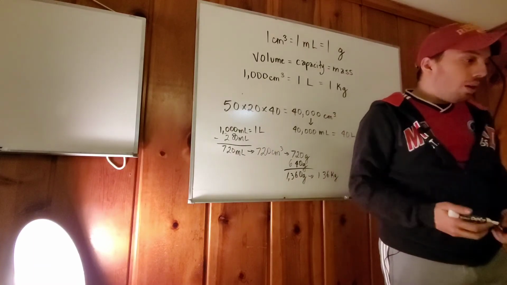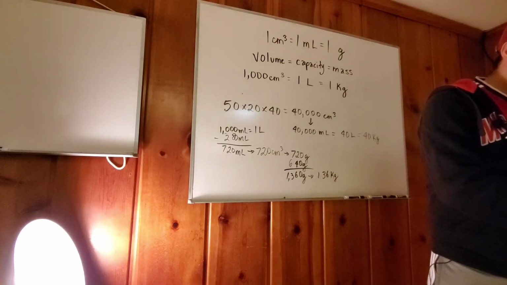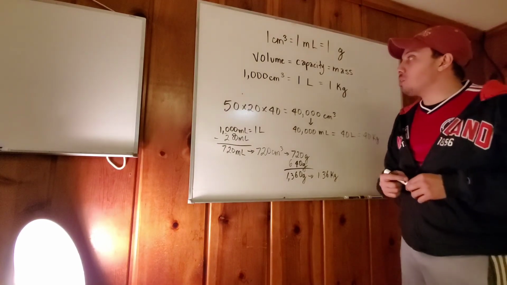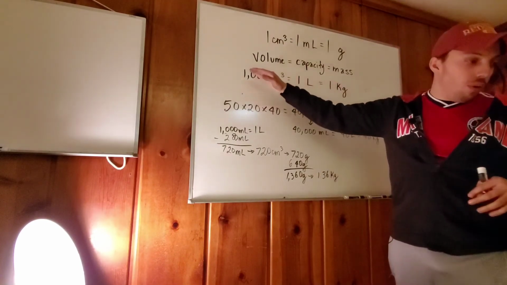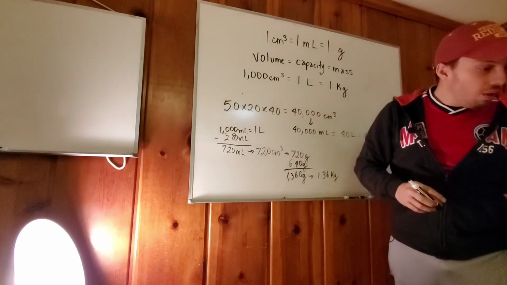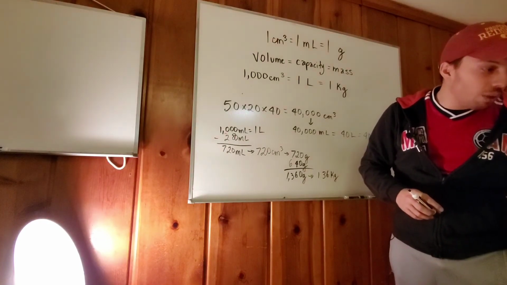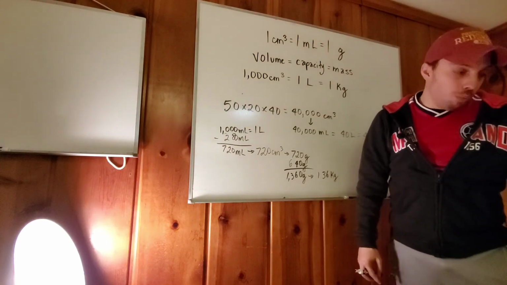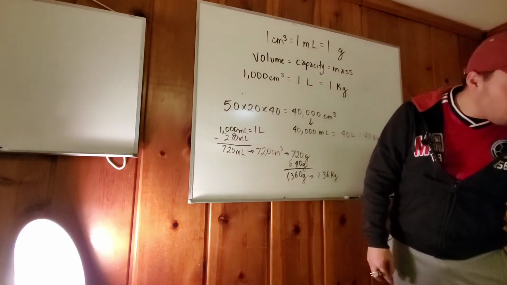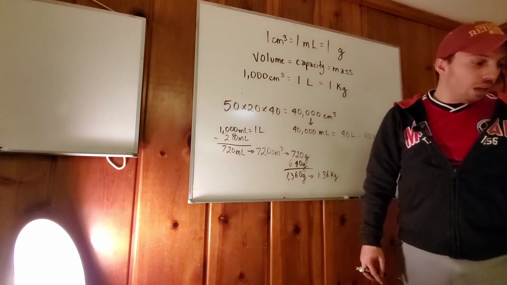Example 3 says, on a fishing boat, live bait is kept in a cubic tank measuring 1 meter on each edge. So 1 meter on each edge. We don't have meters here, but I have good news for you. If you look close to the bottom of page 693, they have it right there. 1 meter cubed equals 10 to the 6 milliliters and 10 to the 3rd kilograms.